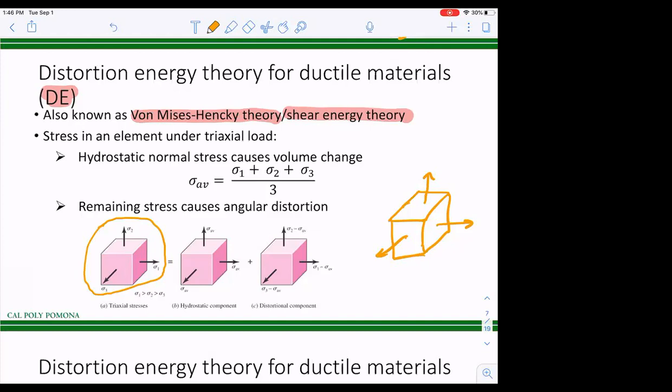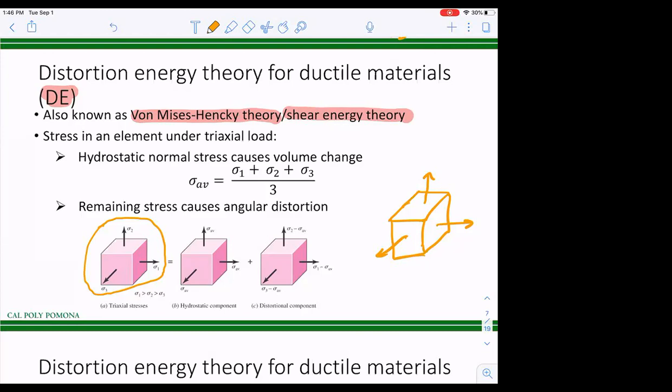As you can see, in this orientation of the box, you do not have any shear stress. You only have normal stresses. So these are the principal stresses. If you rotate the box by some angle, then you're going to see both shear and normal stresses.